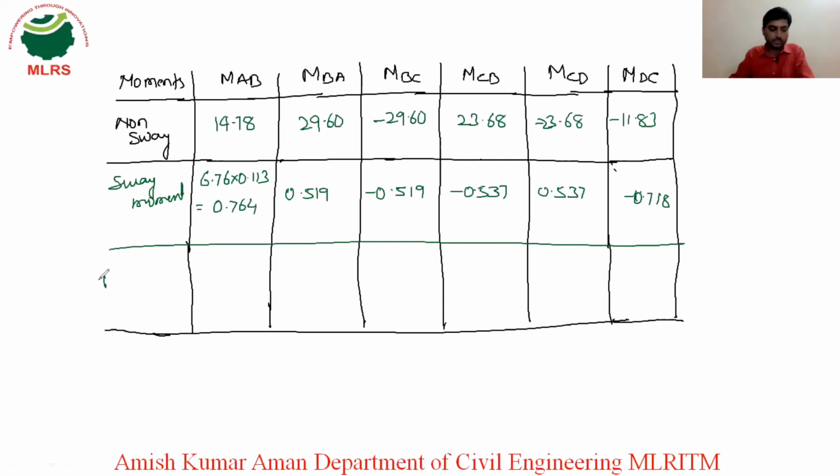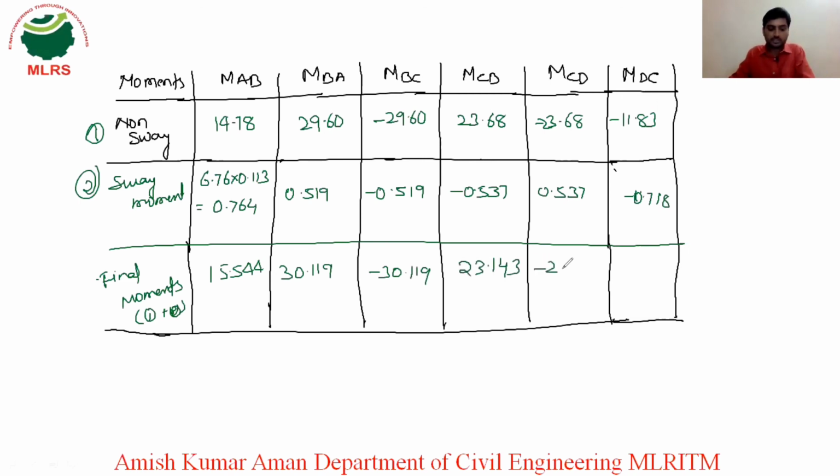Now the total moments, the final moments. Here you will get 1 plus 2, that is this moment plus this moment. You need to add these two moments. So 15.544. Here you will get 30.119, minus 30.119, 23.143, minus 23.143 and minus 11.112.